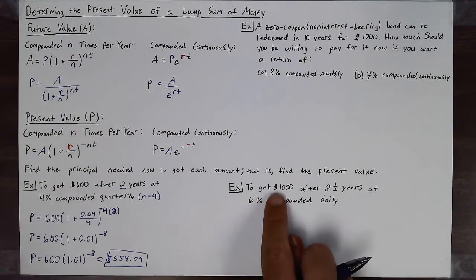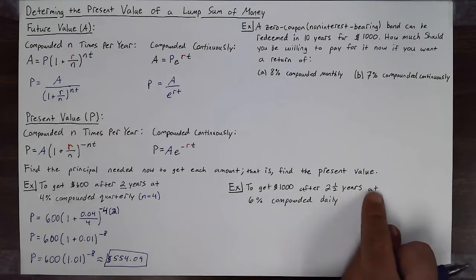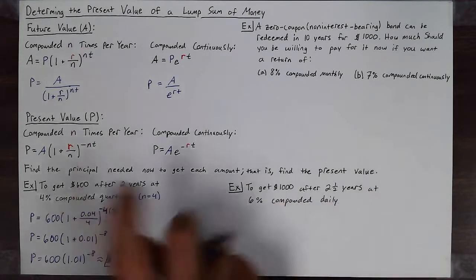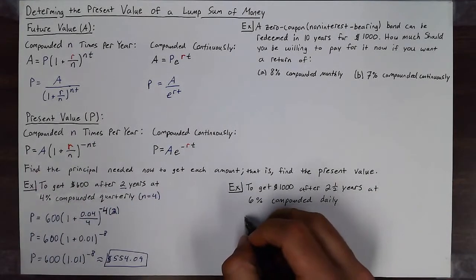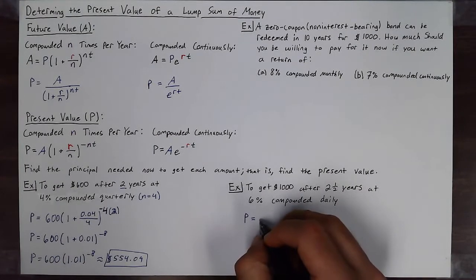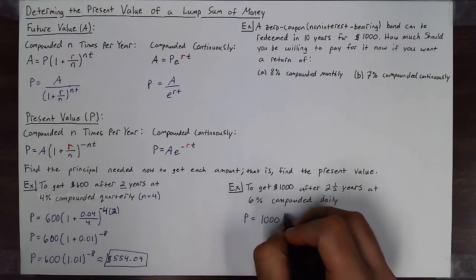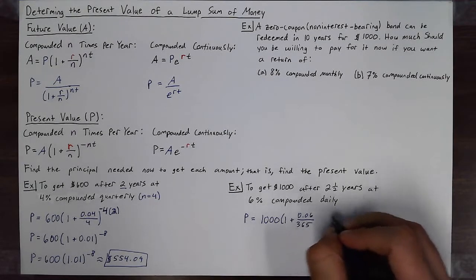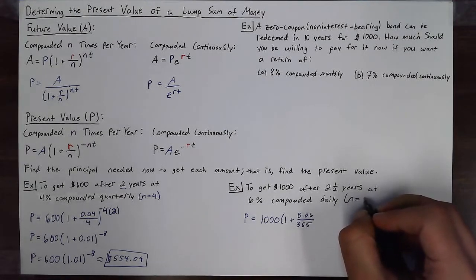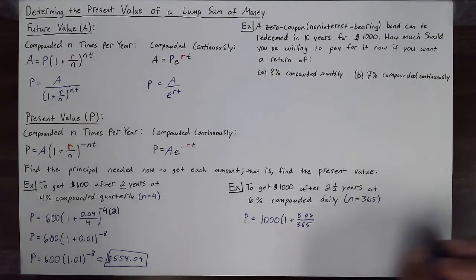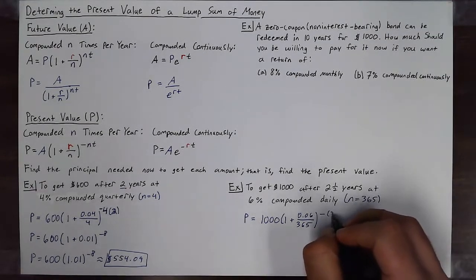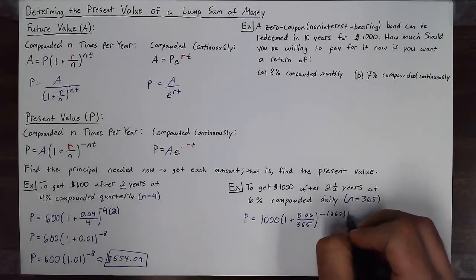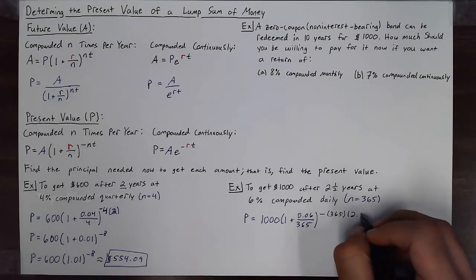So if I wanted to get $1,000 after 2.5 years at 6% compounded daily, I'm going to use that same formula where my present value will be my future value of 1,000 times 1 plus my rate, 0.06, over 365, because if it's daily, that's how many compoundings you're going to have, raised to the negative 365 times 2.5 power.